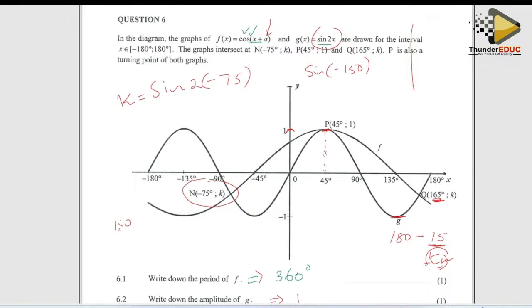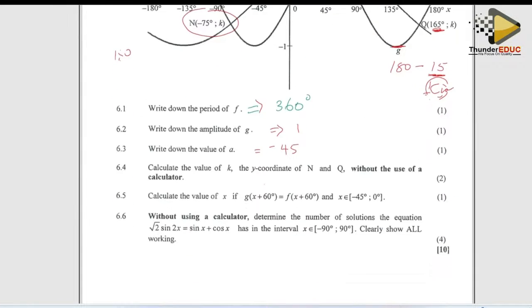Negative 150 is found in the third quadrant. So if that is 90, that's going to be 60, this is going to be a 30. Which is the same as the sine of 180 plus 30, which becomes a negative sine 30. We know that the sine of 30 is a half, so which means k is negative a half. That is without using the calculator.